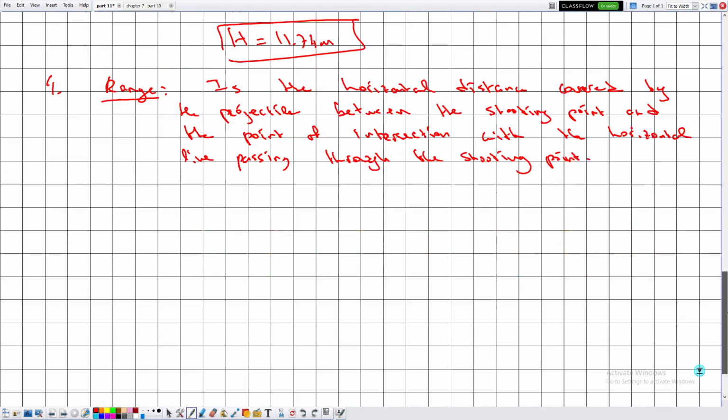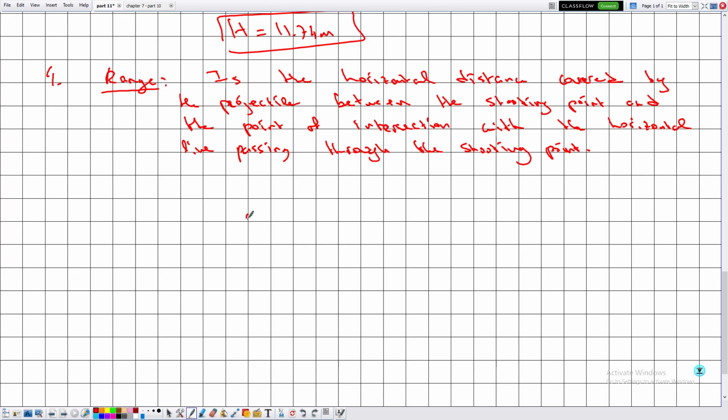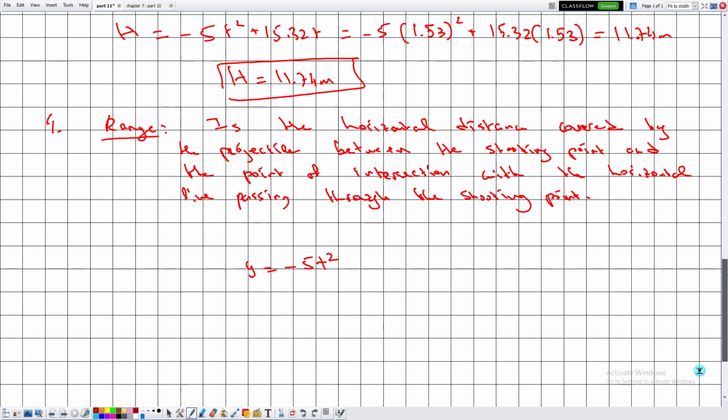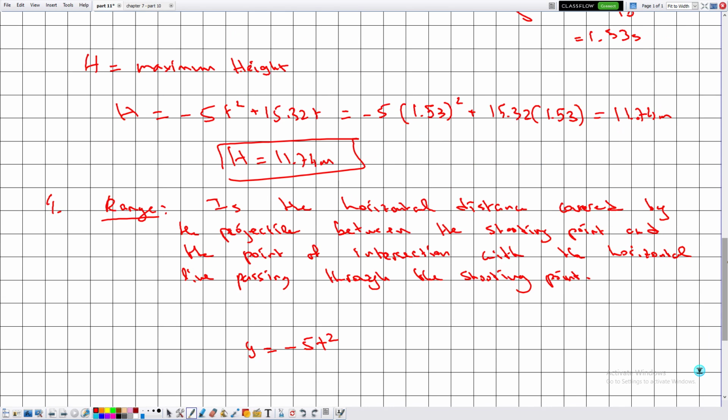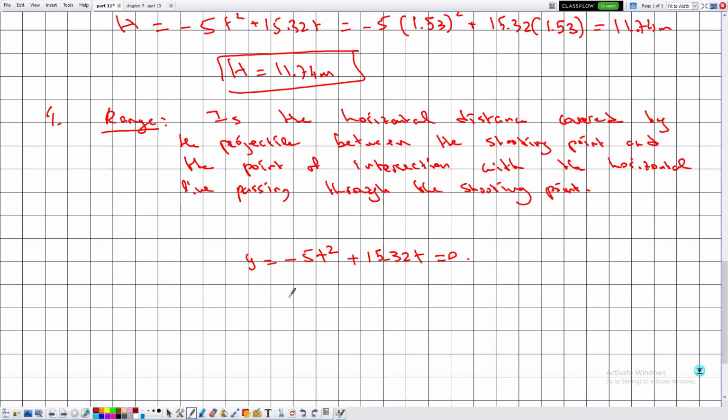So now referring back to this equation and setting y equal to 0, so y, which is equal to minus 5t squared plus 15.32t, is equal to 0. Now, what's the type of this equation?